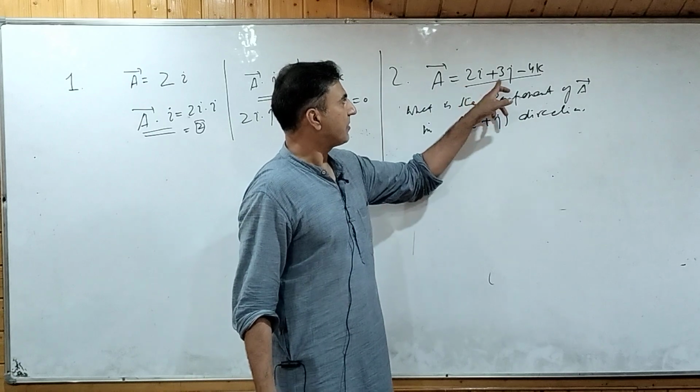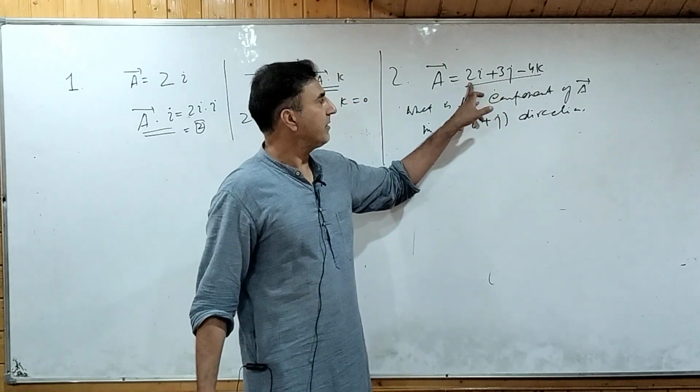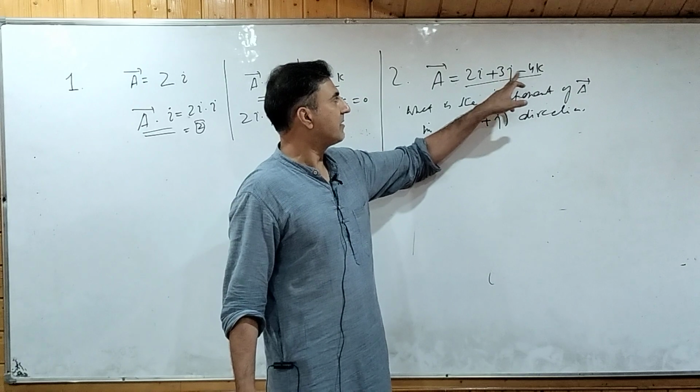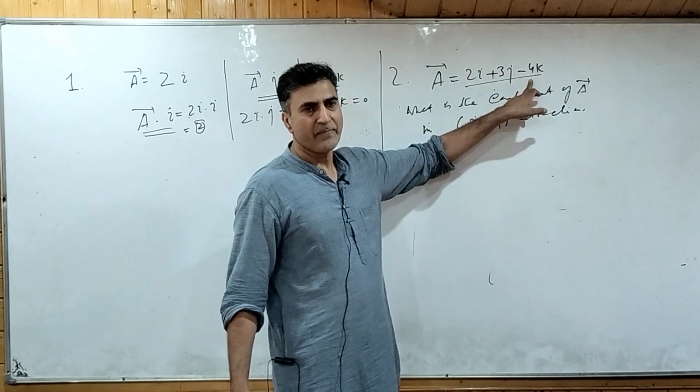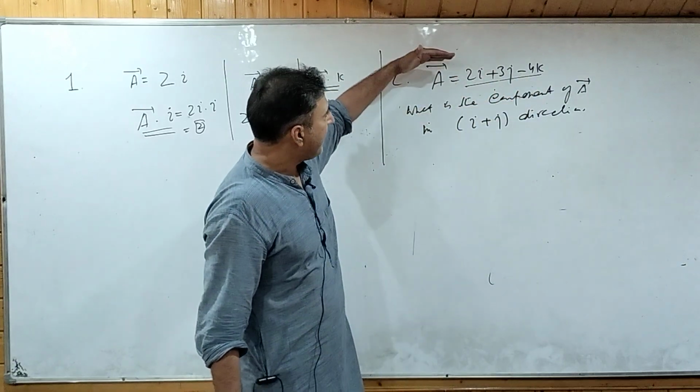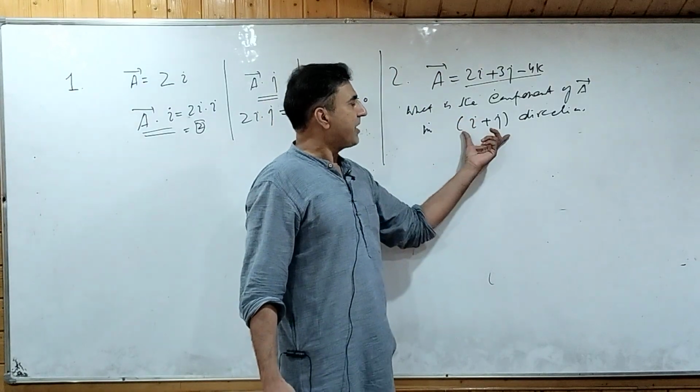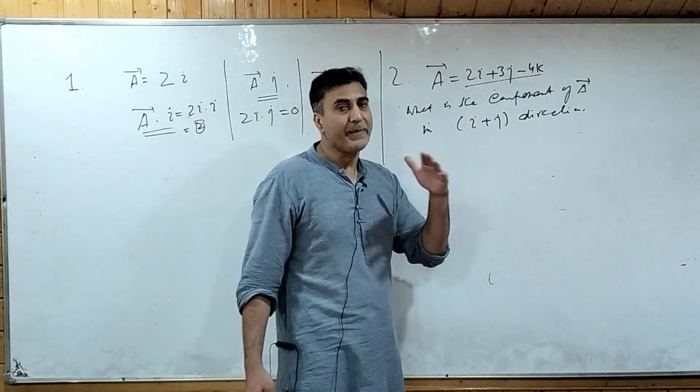That is not 2, that is not 3, that is not 4. Because 2 is the component in the x direction, 3 is the component in the y direction, minus 4 is the component in the k direction. लेकिन क्वेश्चन ये है कि इस वेक्टर का i plus j वेक्टर के डायरेक्शन में क्या कंपोनेंट है?